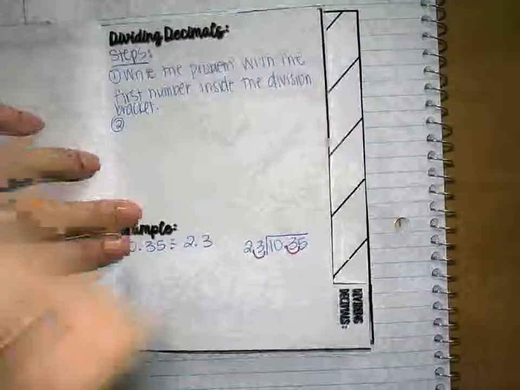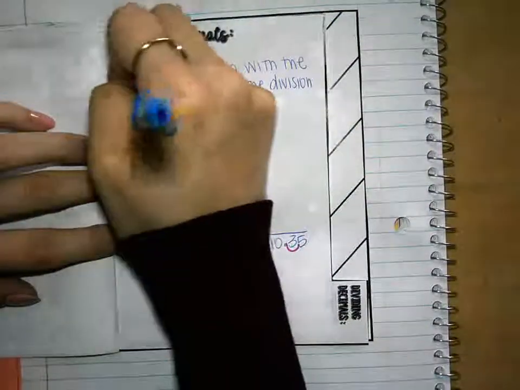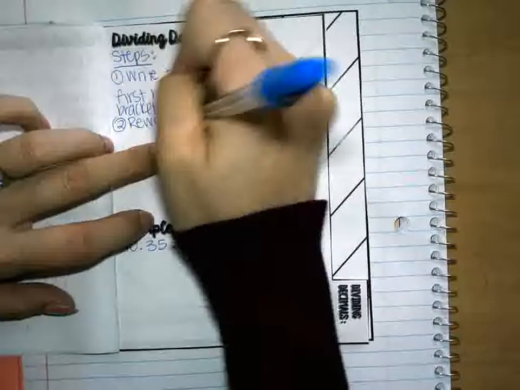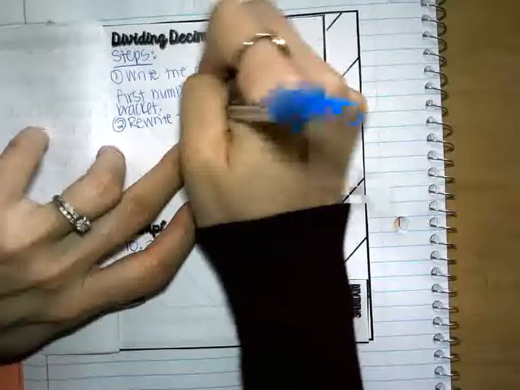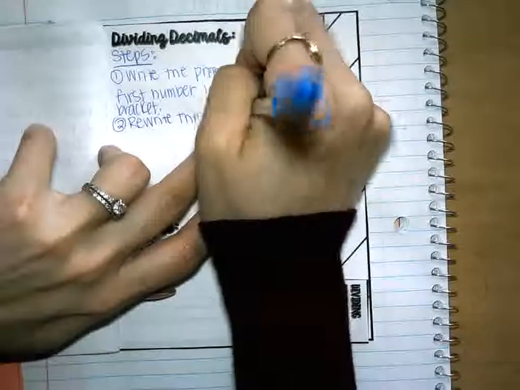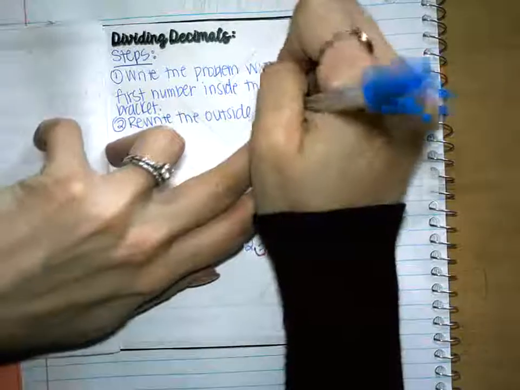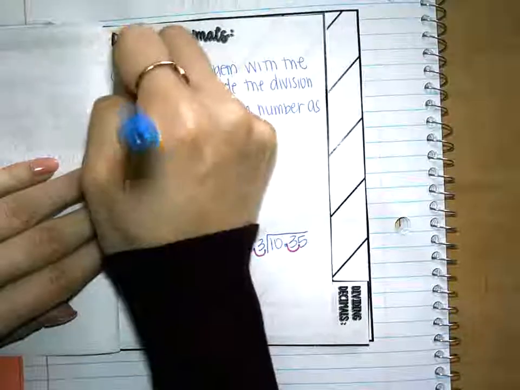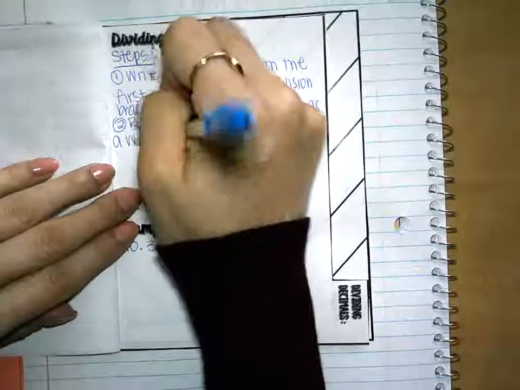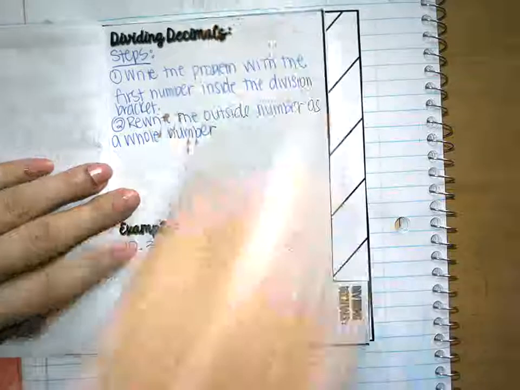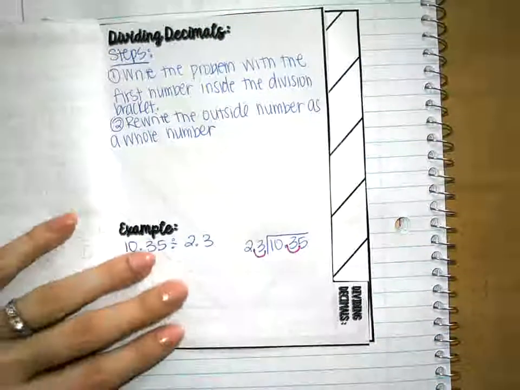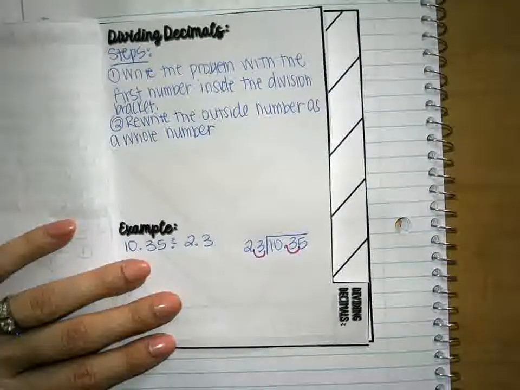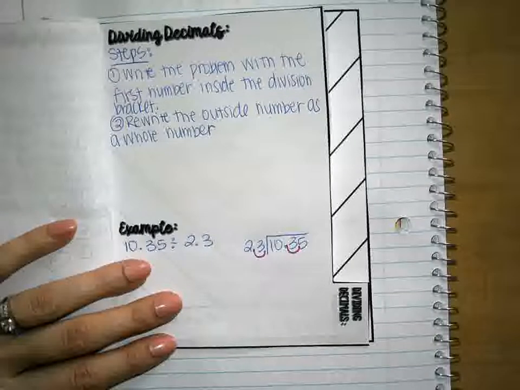So step 2, let's write this down. Rewrite the outside number as a whole number. I cannot divide by a decimal, so I have to make sure that it is a whole number.